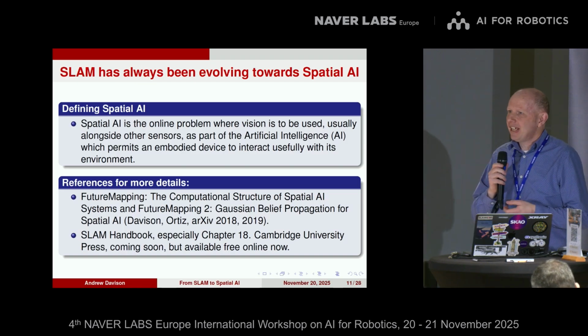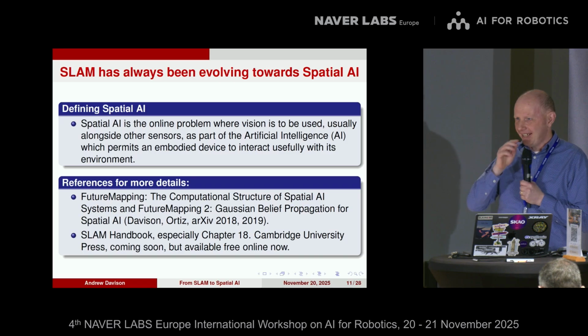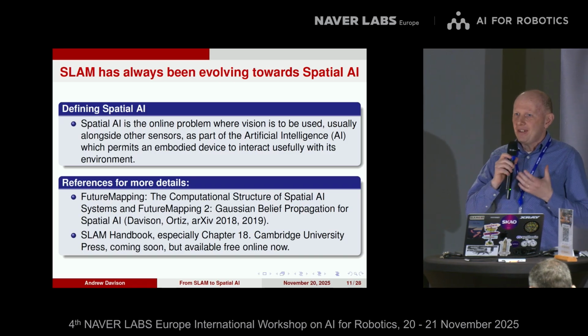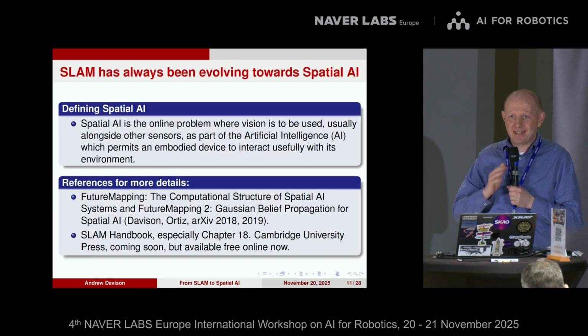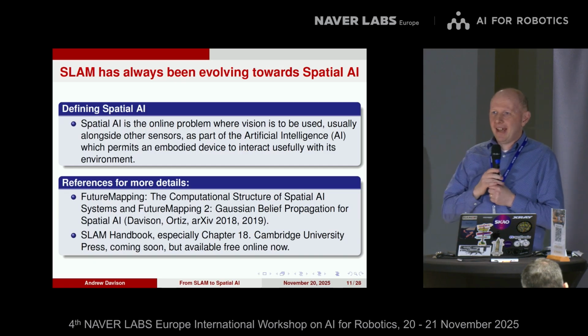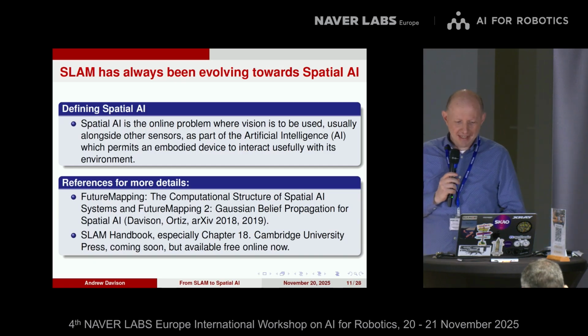And so my argument in that paper and since is that spatial AI is about understanding the scenes around you, building representations in a way that enables intelligence.